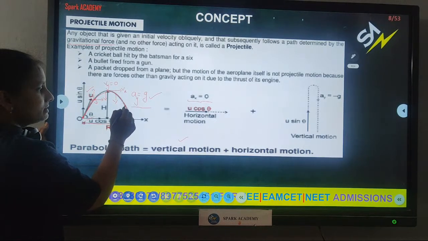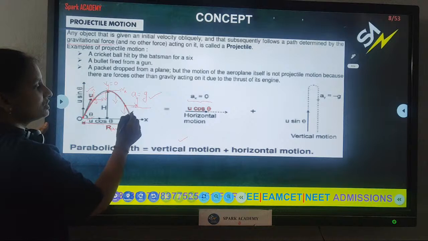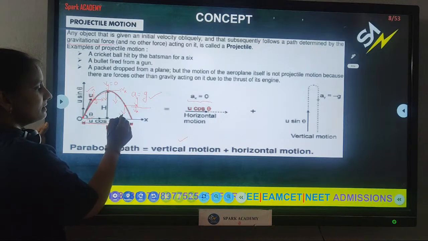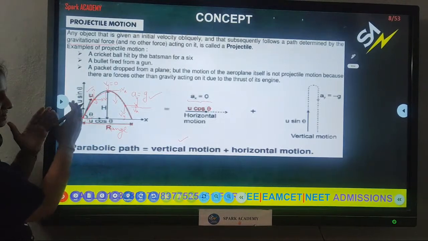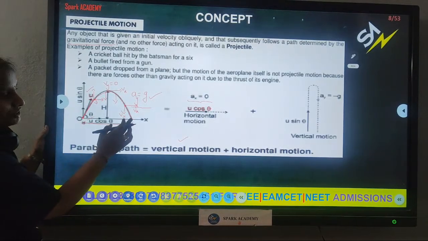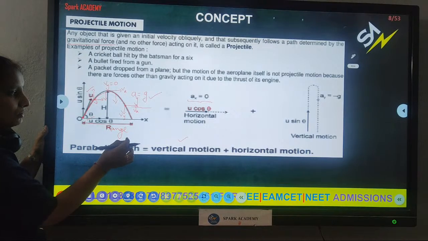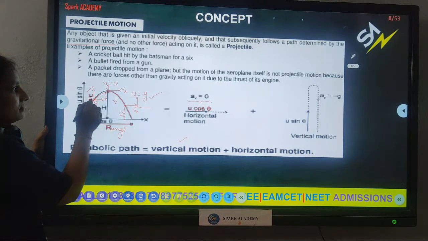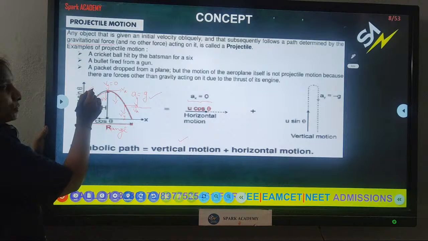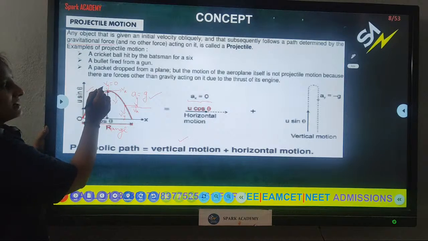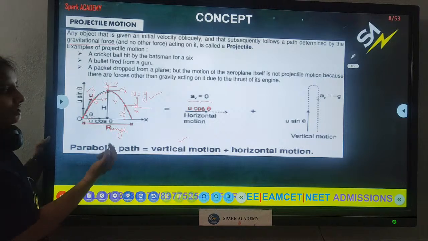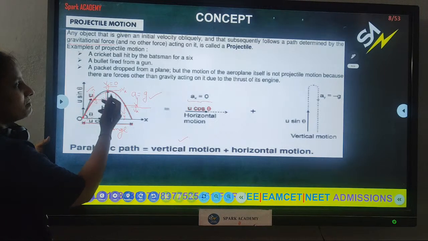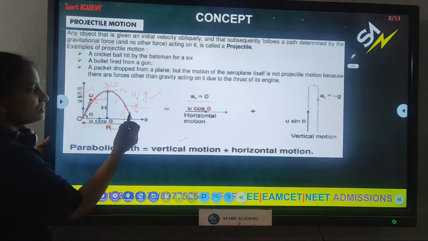And at this point, here also it shows the direction horizontally and there is a vertical component. If we observe at any instant in its journey from the point of projection till it reaches the ground, at this point the vertical component is showing upward, at the maximum height the vertical component becomes 0, at this instant the vertical component is showing downward direction. So it is determined by the gravitational force throughout its journey.